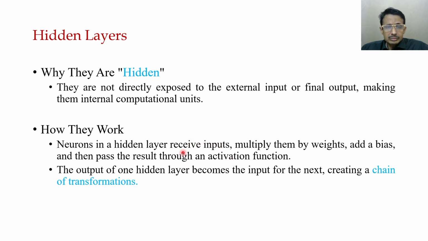And another important thing: the output of one hidden layer becomes the input to the next or successive hidden layer, creating a chain of transformation. That is also very important.